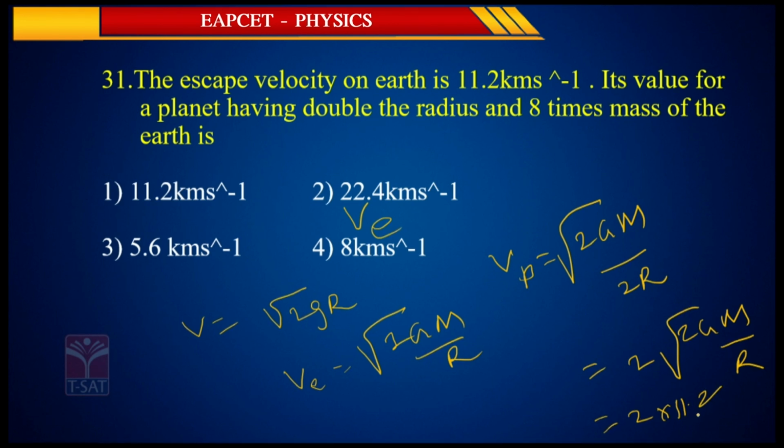This value is 22.4. That means the escape velocity on the earth is 11.2 kilometer per second, and for a planet having double the radius and 8 times the mass, the escape velocity becomes 22.4 kilometer per second.